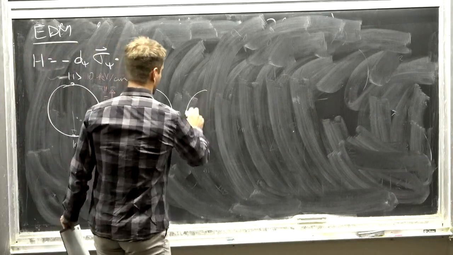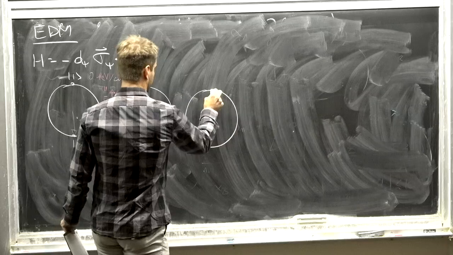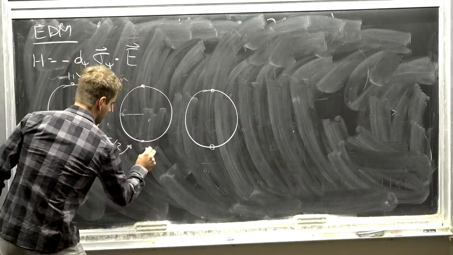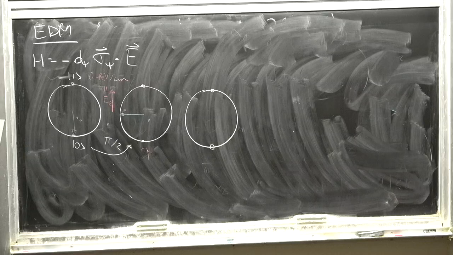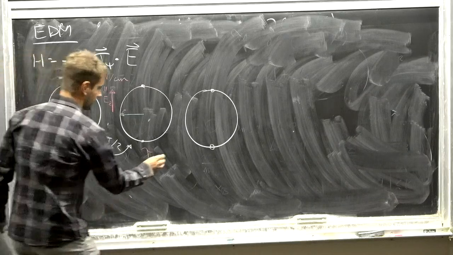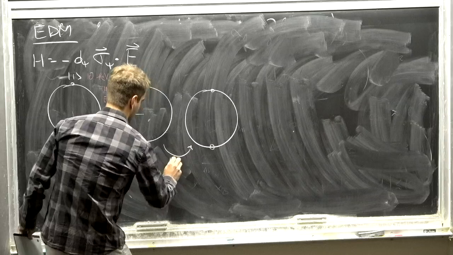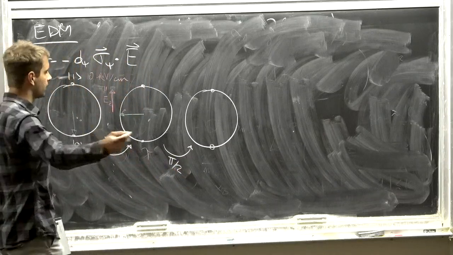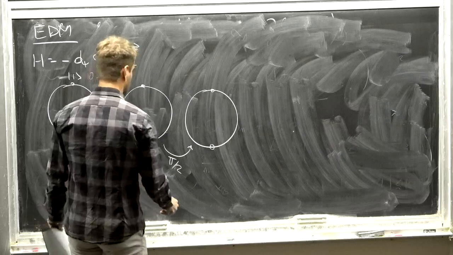So I let it evolve freely in this electric field for some time tau, and then I apply some other pi over 2 pulse, meaning I turn on a brief pulse of a magnetic field again along this axis.